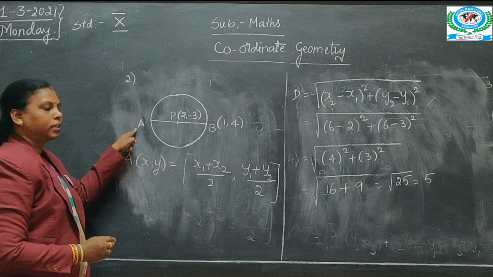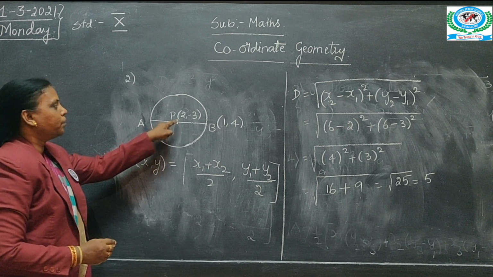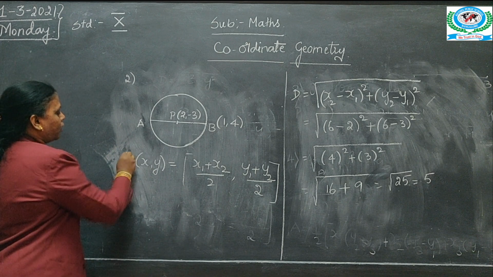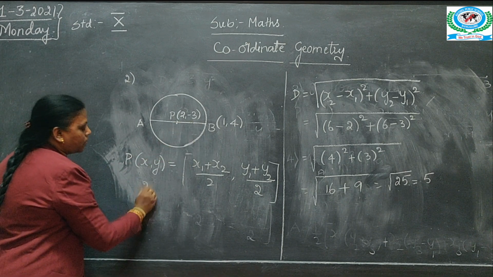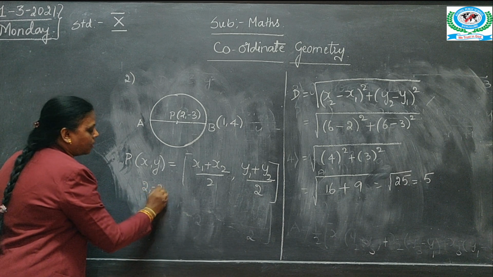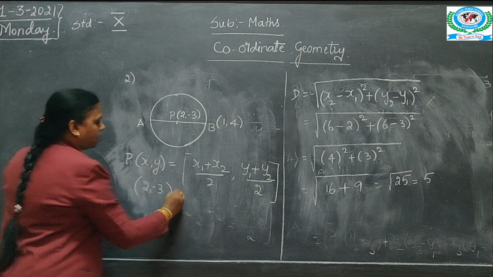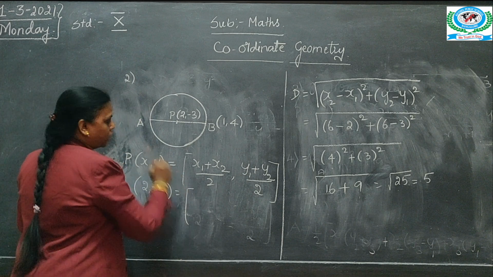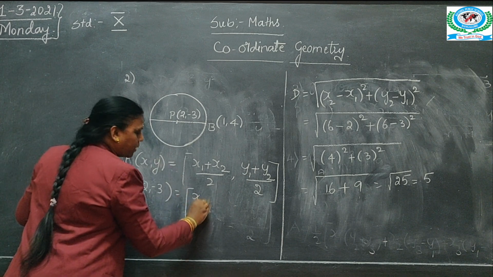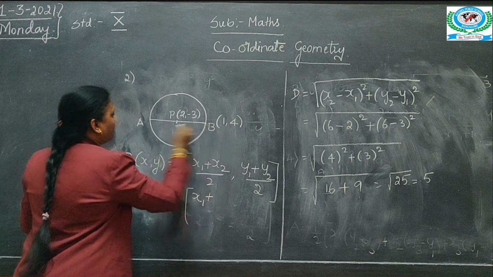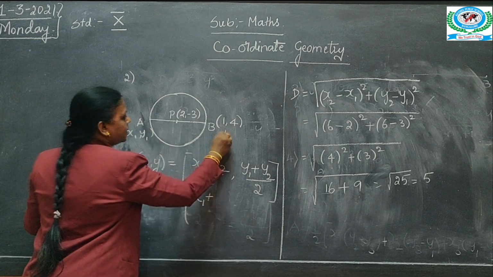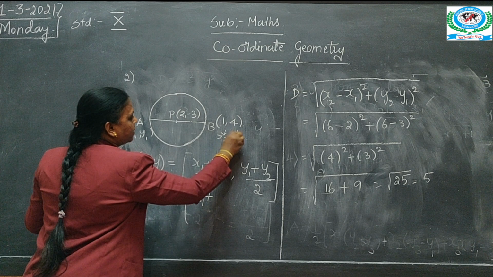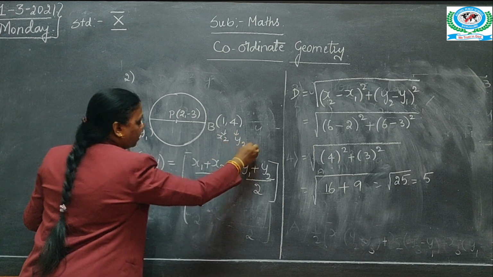So P (x, y), the value given as (2, minus 3), will be equal to: x1 we don't know, take it as x1, y1, and here it is x2, y2.